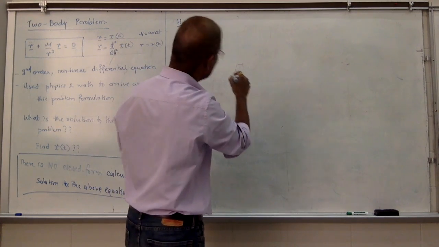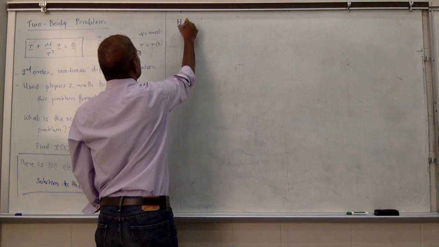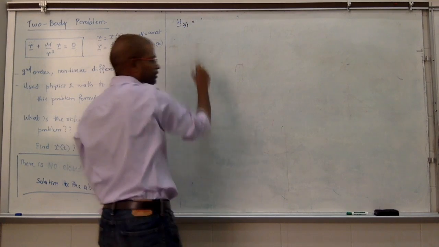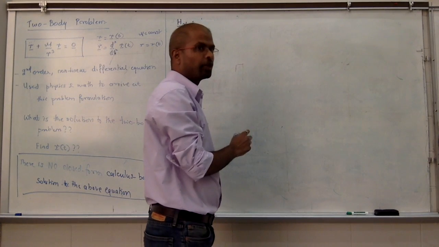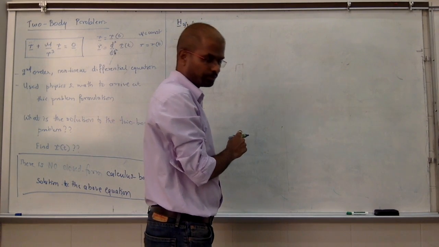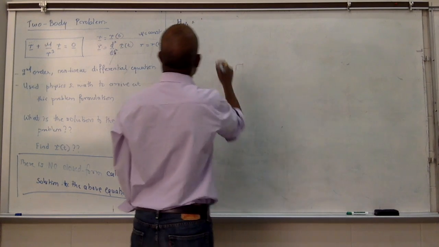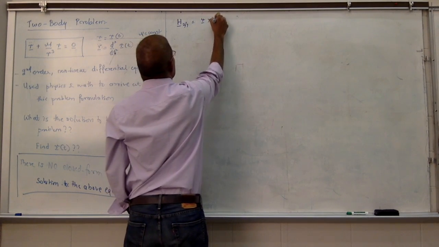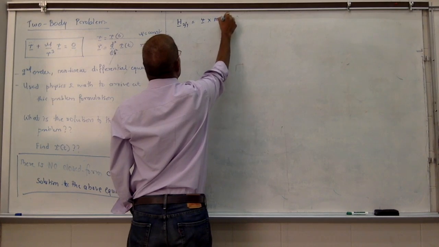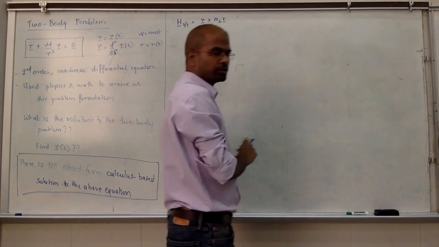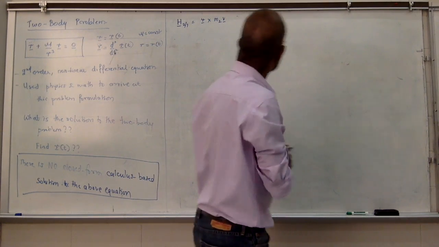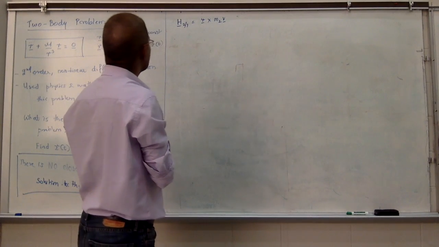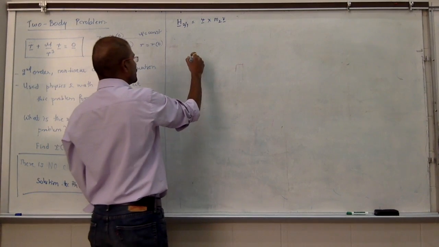So angular momentum would be mass times angular velocity. Something on those lines. This is r crossed with m2v.